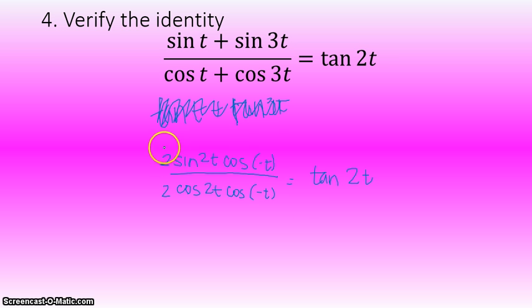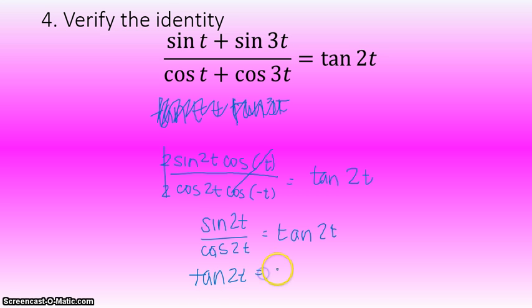Okay, here the 2s cancel, cosine of negative t's cancel, so I'm left with sine of 2t over cosine of 2t. Sine over cosine of the same angle is going to be tangent of 2t. So I have tangent of 2t equals tangent of 2t.